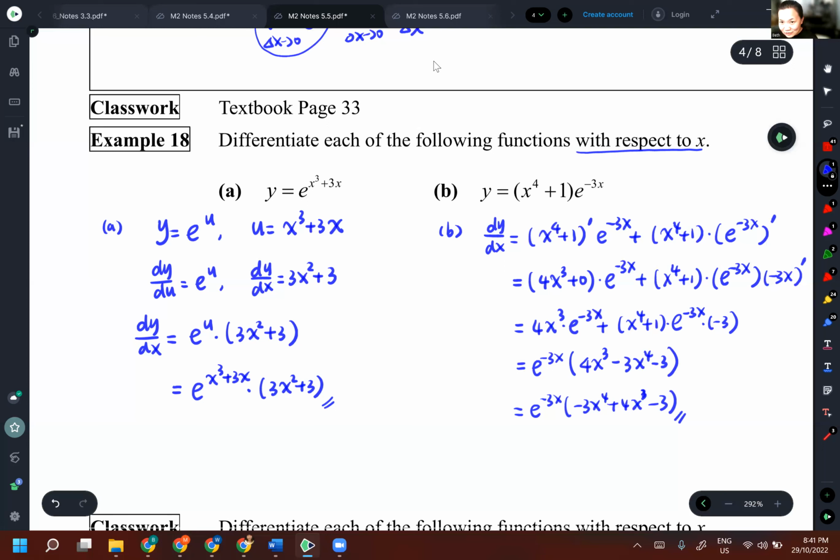How about Cassandra? Cassandra, can you tell me your answer for part A? I got (2x minus 4) e to the power of x squared minus 4x plus 1. Okay, that's good. For part B, Bailing, how about you? I got e to the power of negative x times negative x cubed plus 3x squared.